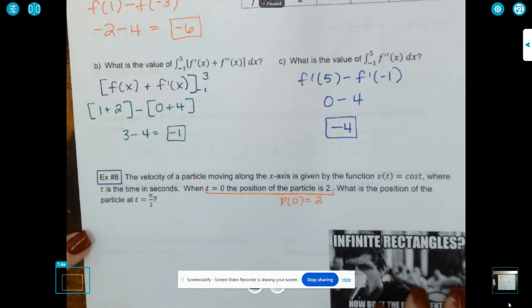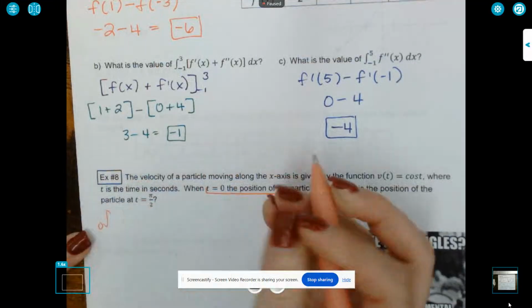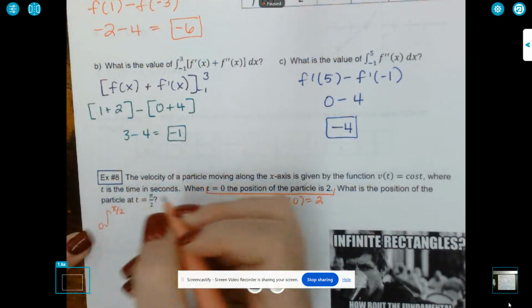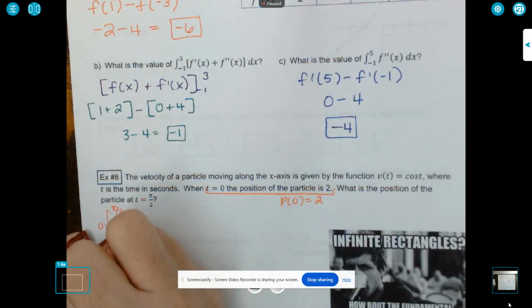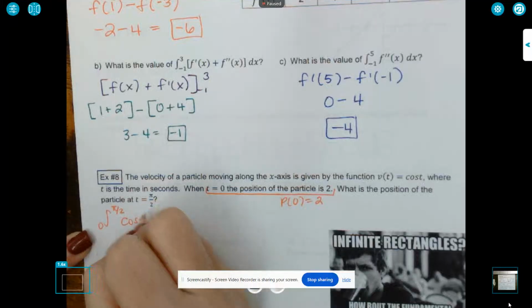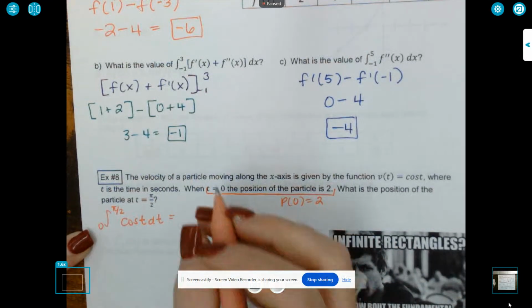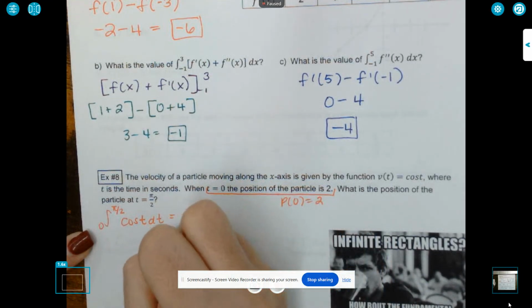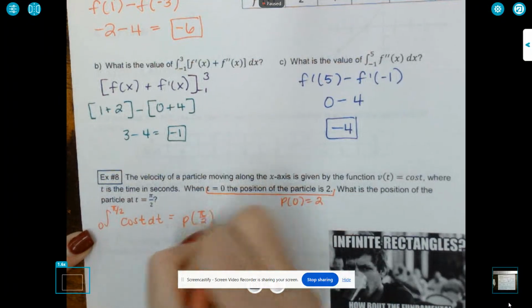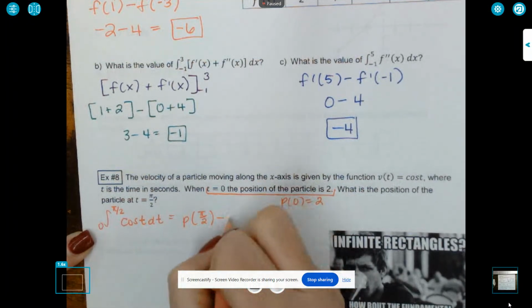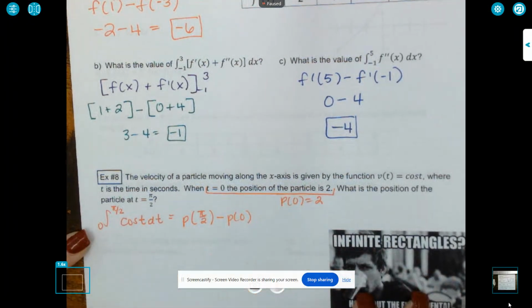So now let's talk about this. If we do the antiderivative from 0 to pi on 2 of velocity, which is the cosine of t dt, that would equal the one above it, which will be position. So the position at pi on 2, f of b minus f of a.